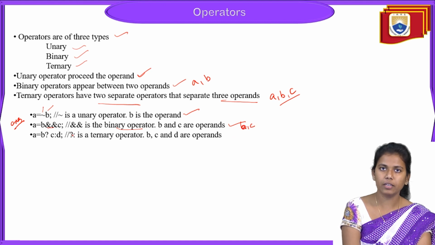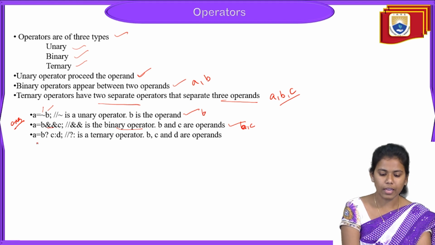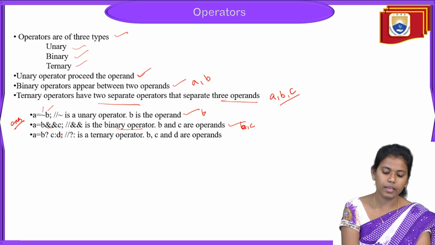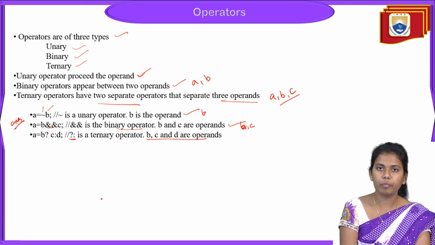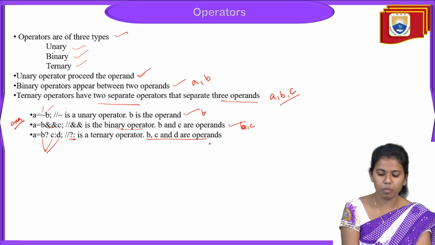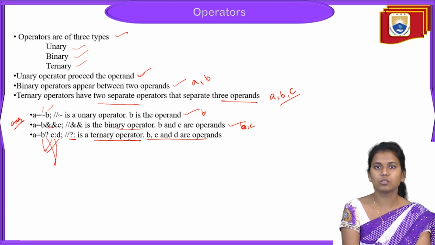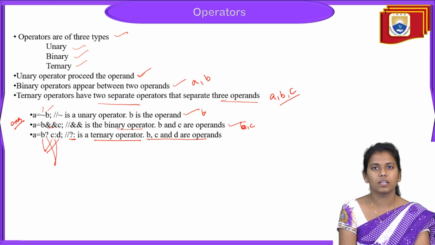Whereas in a unary operator, you see only one operand, that is B. Coming to the third one, ternary operator: A is equals to B, question mark, C, colon, D. Here B, C, D are the operands, and the question mark and colon form the ternary operator. So this is how we represent operators in a Verilog program.